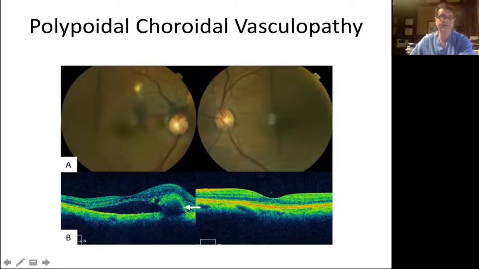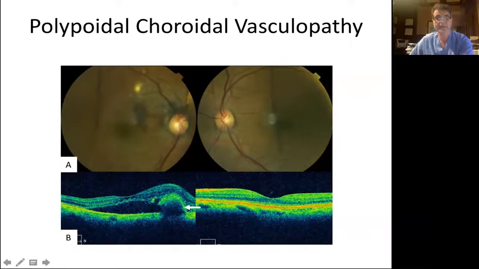Another disorder that we don't as commonly see in the United States as in Asia is polypoidal choroidal vasculopathy. We can see this lesion in the maculopapular bundle in this right eye surrounded by hemorrhage. And on the OCT, we have this very distinct inverted U lesion, which often denotes a polyp.